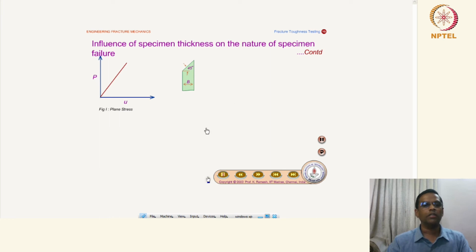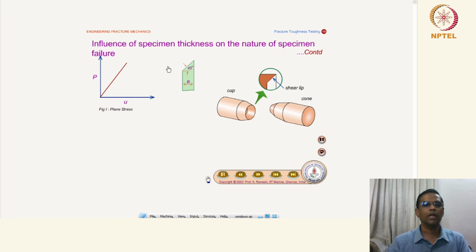This shows the influence of specimen thickness on the nature of specimen failure, about shear lip formation. This is for the plane stress condition, and this is for the plane strain condition. In plane strain, you can see a long crack growth, and finally the shear lip formation takes place in this kind of setup.